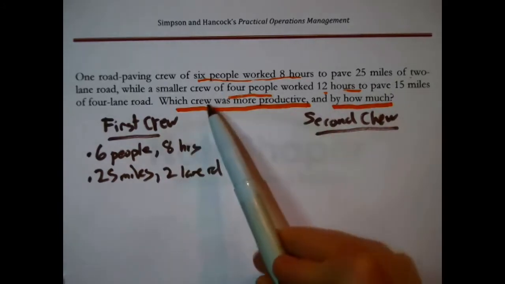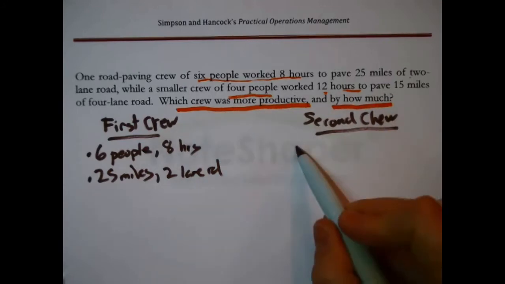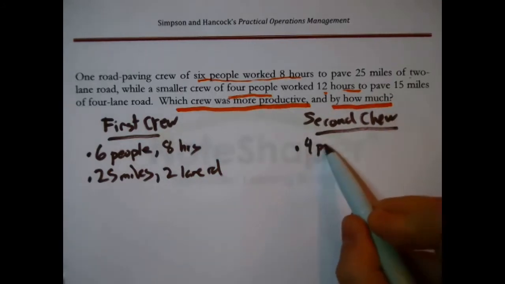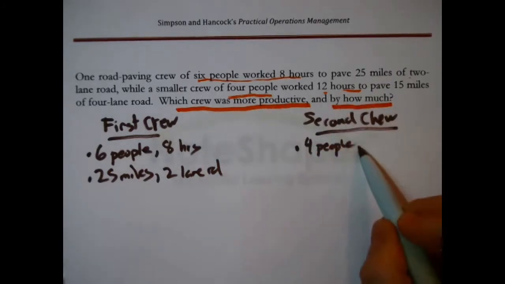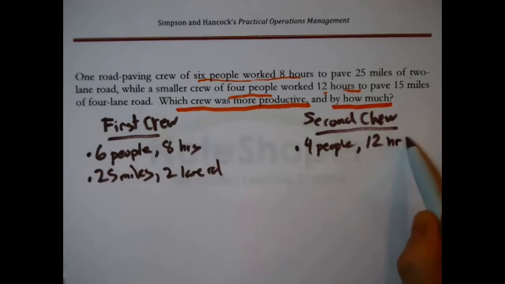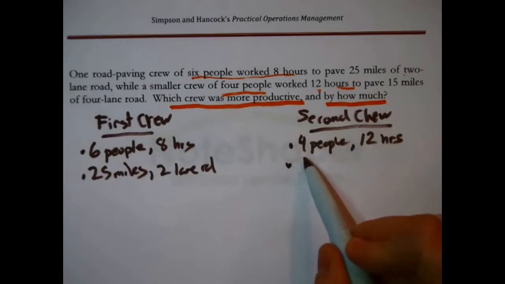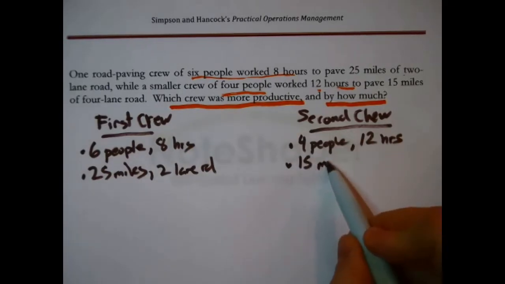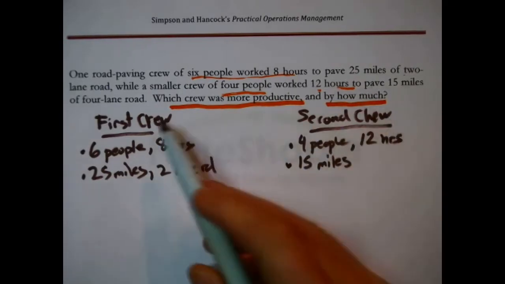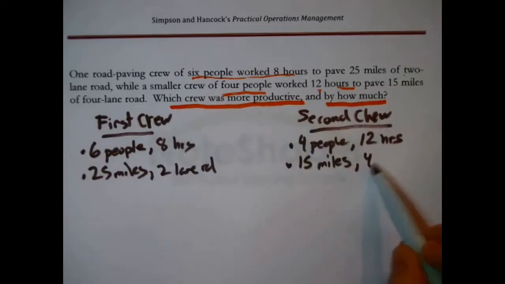Whereas the second crew only had 4 people, but they worked longer, 12 hours. What did they do? They paved 15 miles. They didn't get as far. 15 miles of, wait a minute, it says 4-lane road.